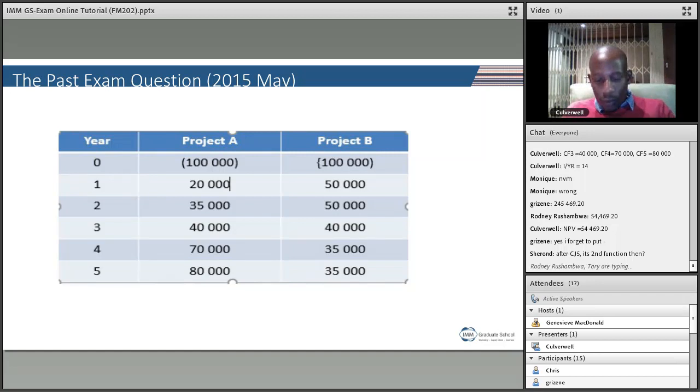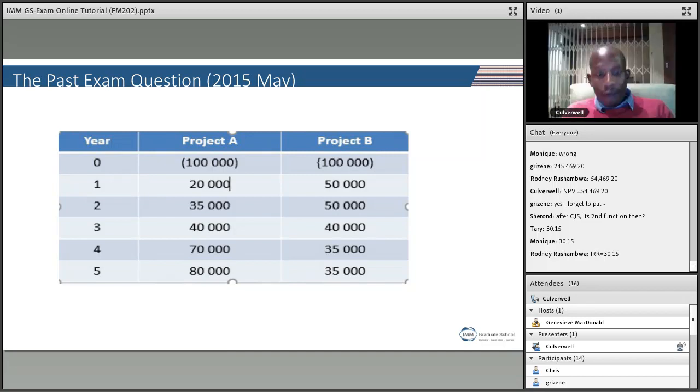So I'm actually going to retype to do this calculation one more time. 100,000 plus minus CFj, 20,000, CF1, 35,000, CF2, 40,000, CF3, 70,000, CF4, 80,000, CF5, 14 I, second function, NPV. So you're going to get yourself 54,469.20. You then just say second function, internal rate of return without recalculating it again.